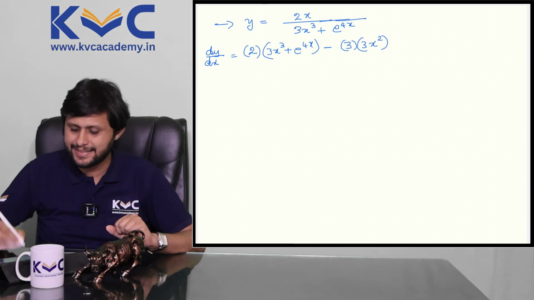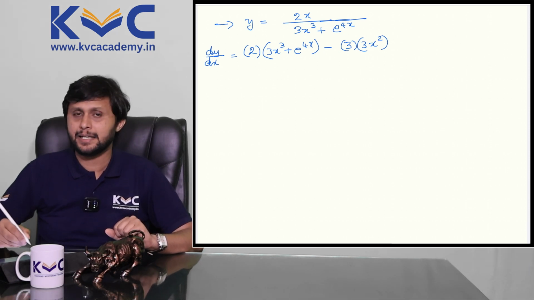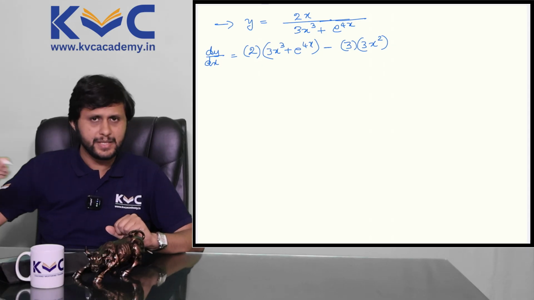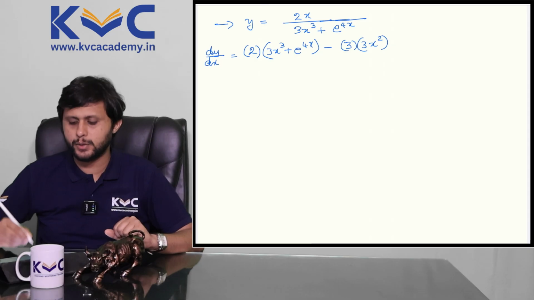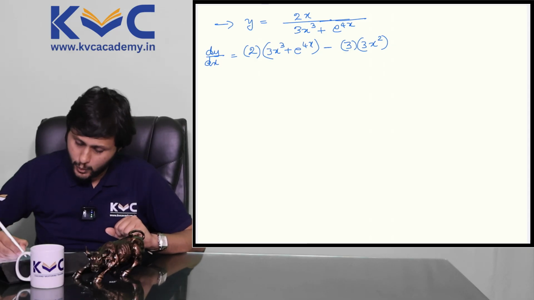Differentiation of 3x cube is 3x square. How did I get that? x to the power n, n into x to the power n minus 1. So 3 into x to the power 3 minus 1 is 2.